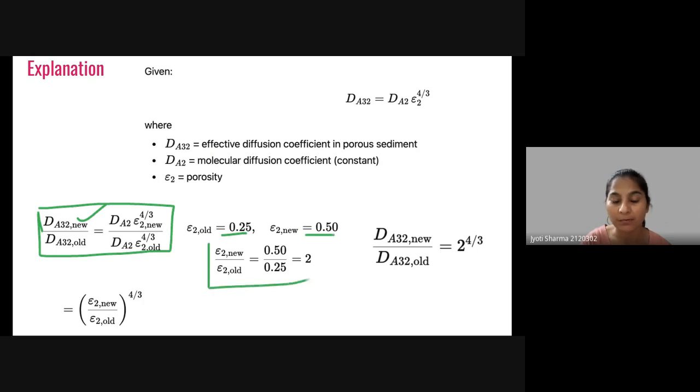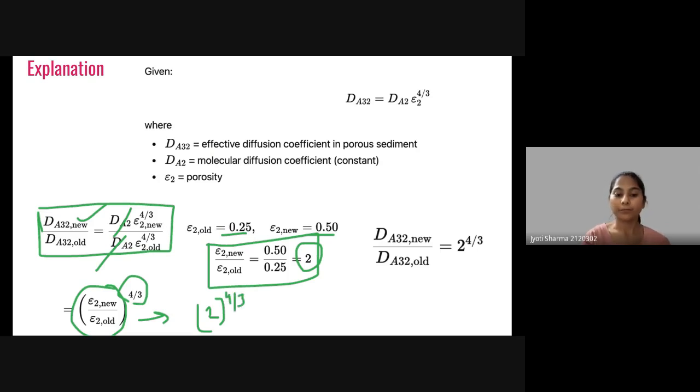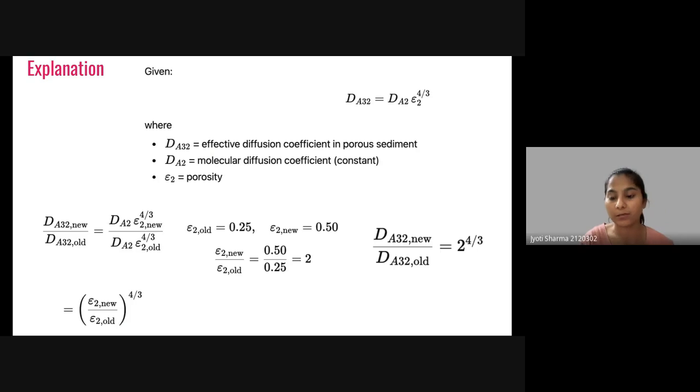So this means this will become 2, right? This has been cancelled out. So what will be remaining is this one and this one, and we already have calculated that this is 2. Then this will be 2 to the power 4 by 3, right? So this is how we can solve such kind of questions.